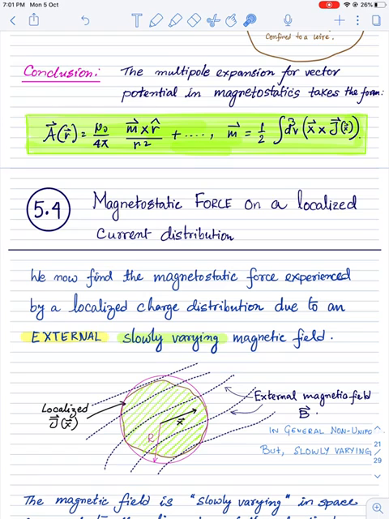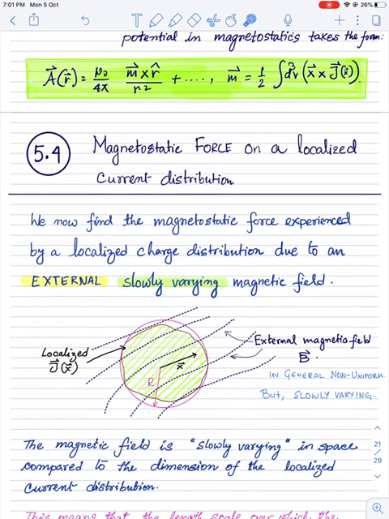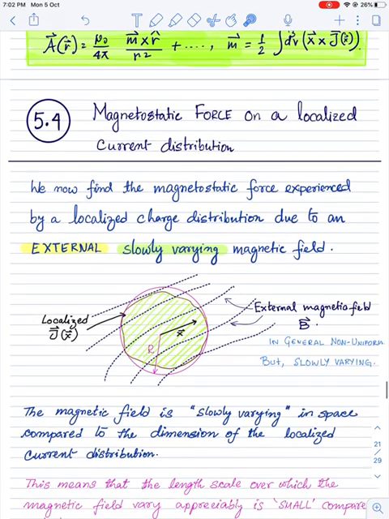Before quitting this topic, I want to discuss one more item in the case of magnetostatics. This we could have also discussed in electrostatics, but I preferred discussing it in magnetostatics and then giving the electrostatic problem as an exercise. Basically, what we are going to find here is the magnetostatic force on a localized current distribution when there are some external magnetic fields.